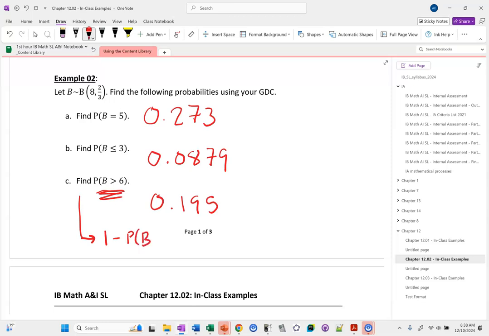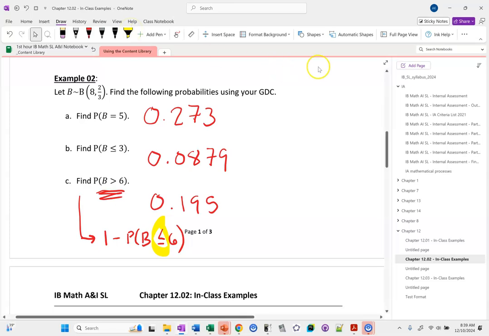So what's the complement of greater than 6? Less than or equal to 6. So that's how I'm going to do it on my calculator, because now I have it as a less than or equal to, so I can CDF it.